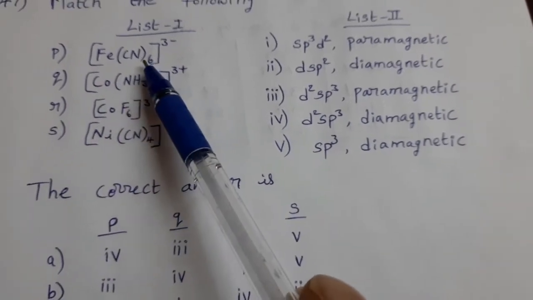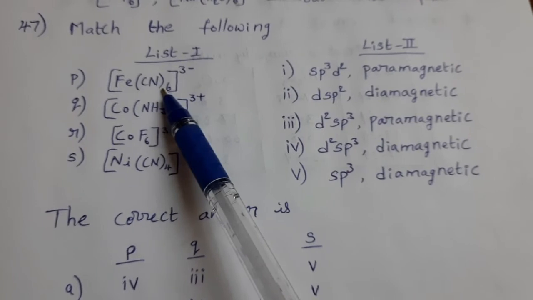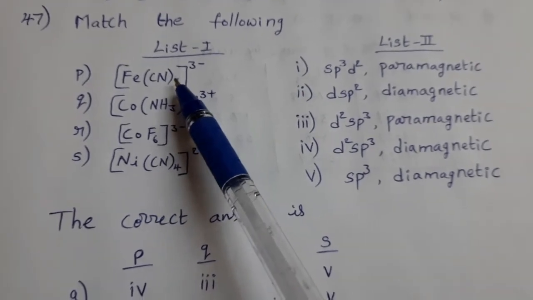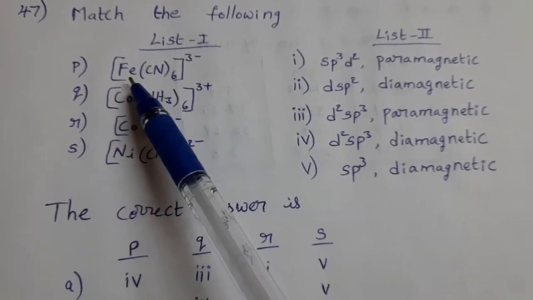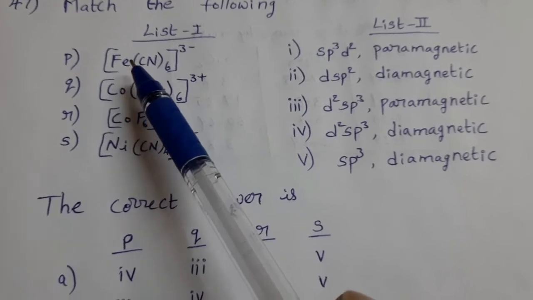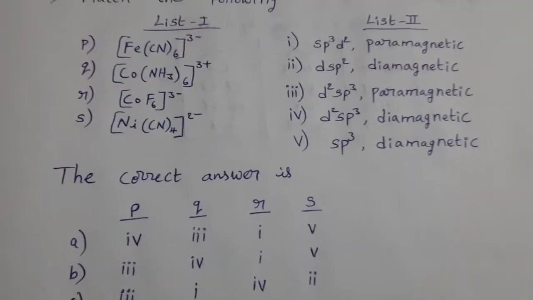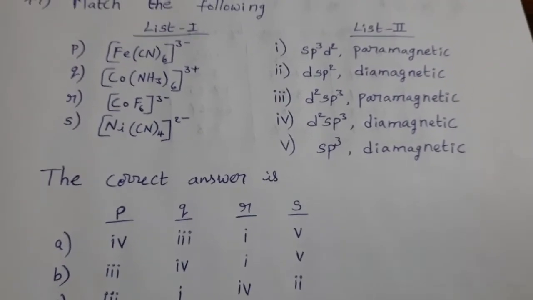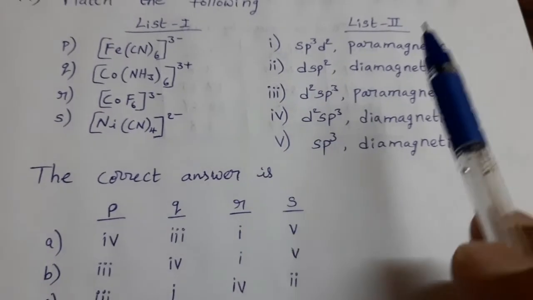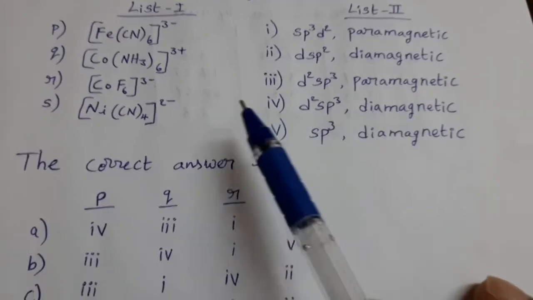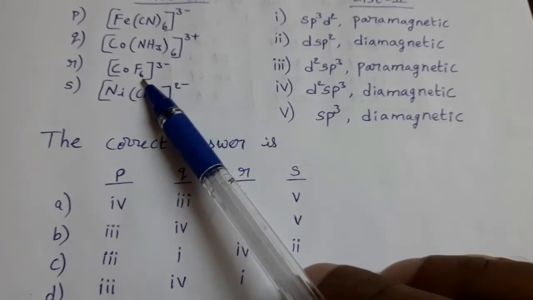Based on the strong ligand we can predict the hybridization, and then immediately write the unpaired electrons present in the central metal atom. From that we can get paramagnetic. Don't calculate the magnetic moment of these complex ions; knowing how many electrons are present is enough to get the answer.